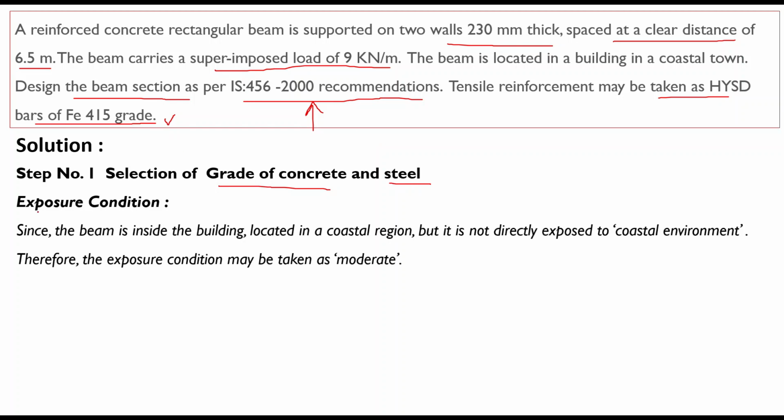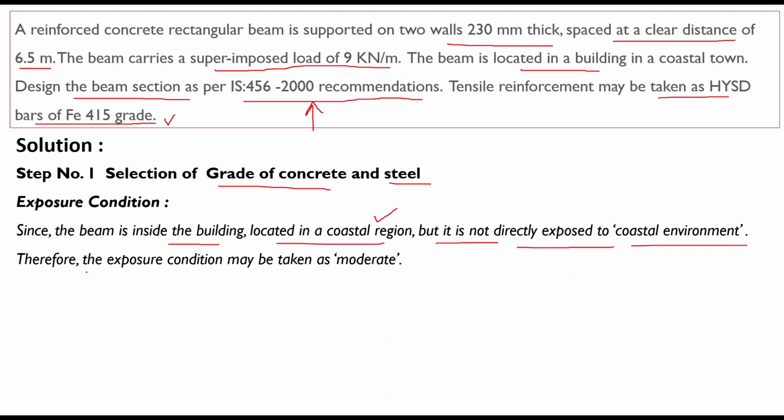Now it is mentioned that the beam is inside the building, so it is not outside the building. That means it will be in the interior of the building, located in a coastal region. So from the coastal region we can work out what the exposure condition will be. But one thing we have to note down is that maybe the building is located in a coastal region, but the beam which we are going to design is not directly exposed to the coastal environment.